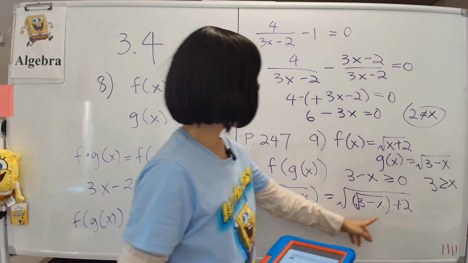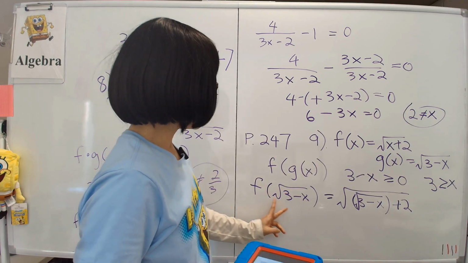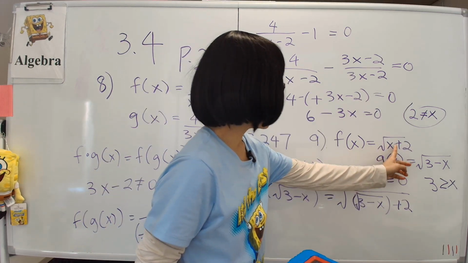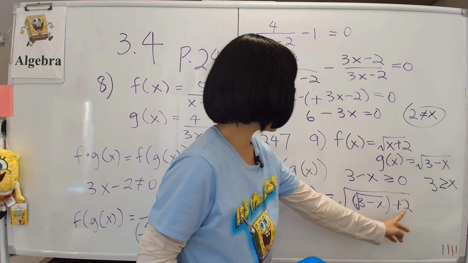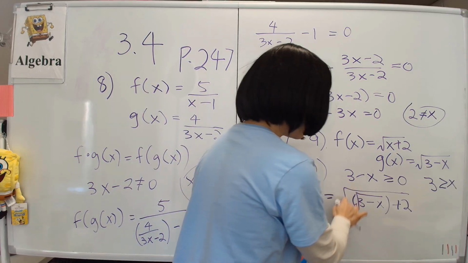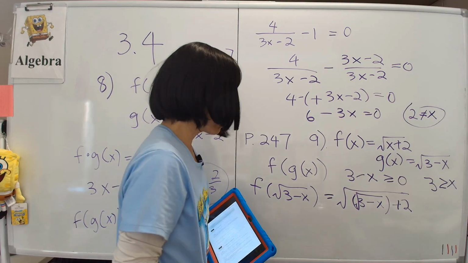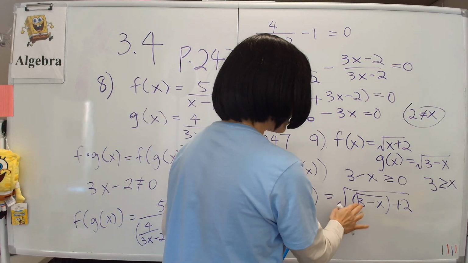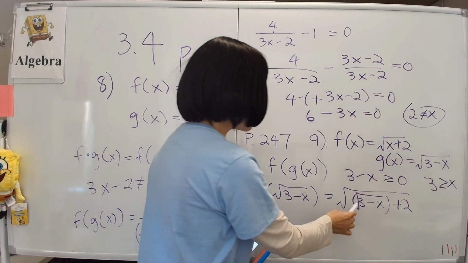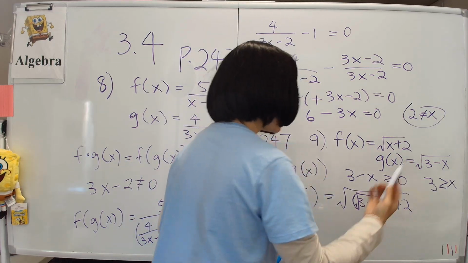I put parentheses on it, but it's not necessary. But anyway, f of the input is the input plus 2, see? And then take the square root of it, which means whatever is under the square root sign here has to be bigger than or equal to 0. Now, at this point, we lucked out, because the square root of anything is always positive or 0, and then plus 2 is still positive.